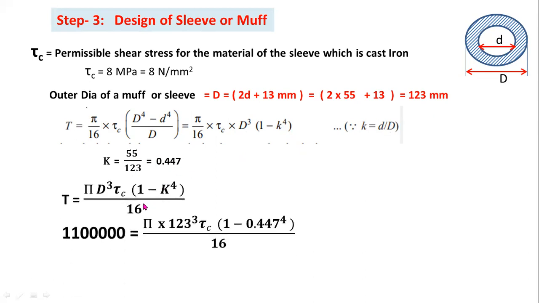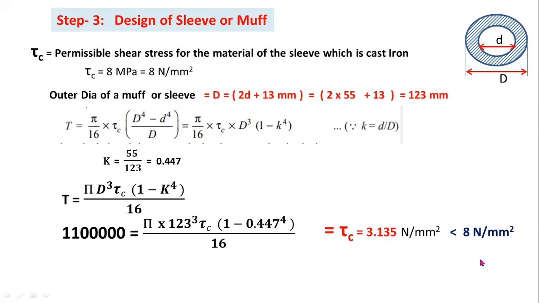Now you have to substitute the value of capital D, small k, and torque T. After substituting these values, you can get the value of τc, that is the shear stress induced in the coupling material. τc equals 3.135.